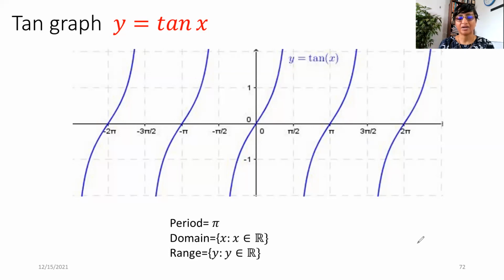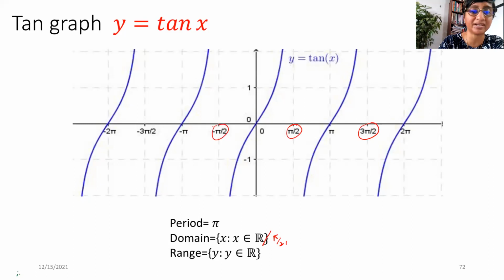Domain is all R. Range, domain is actually not all R. In the domain, pi by 2 and similar values must be removed.